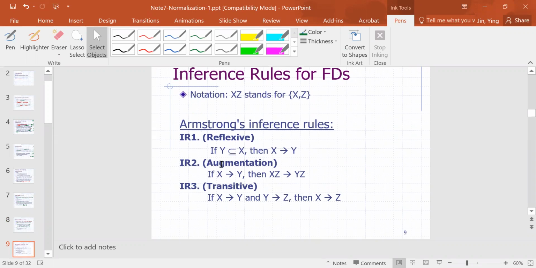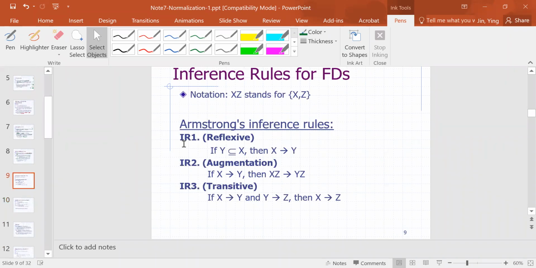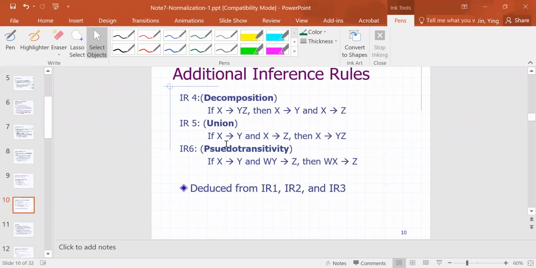The first 3 are the basic rules, and 4, 5, 6 can be deduced from 1 to 3. So you need to remember not only 1 to 3, but also 4 and 5. Number 6 you can always easily deduce.